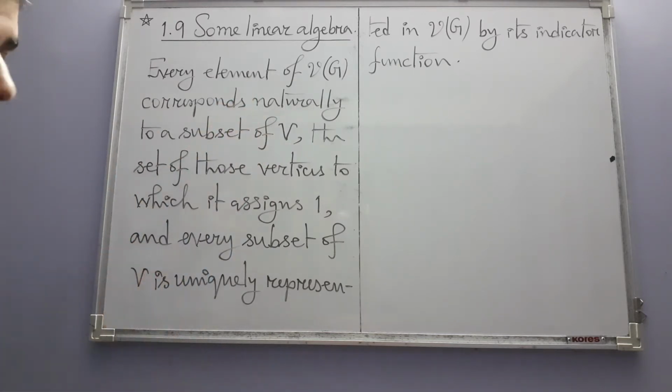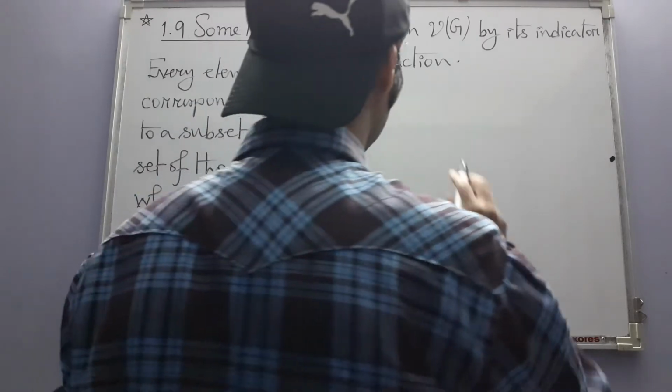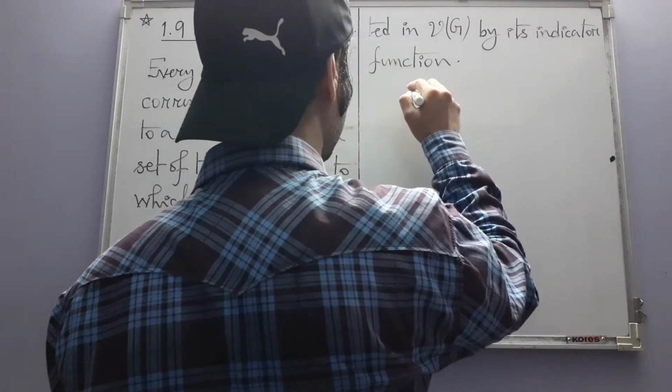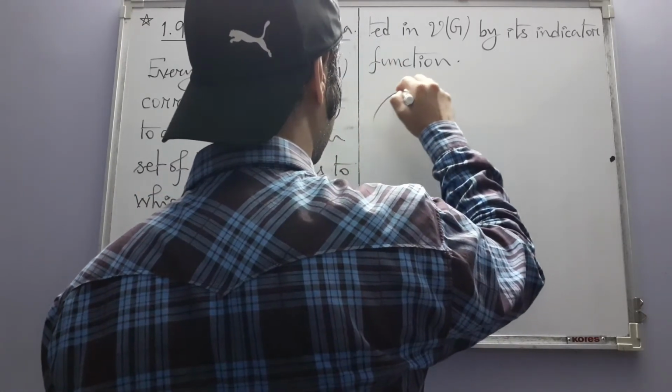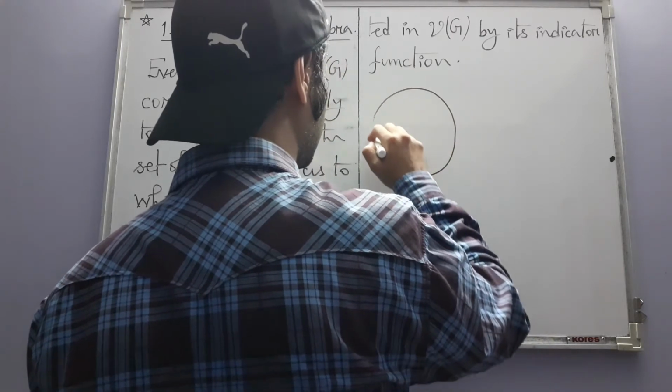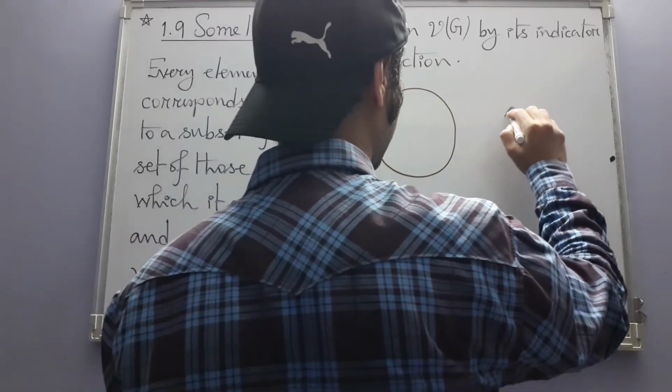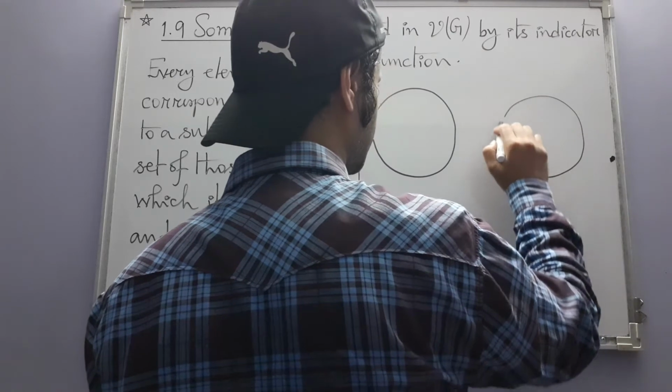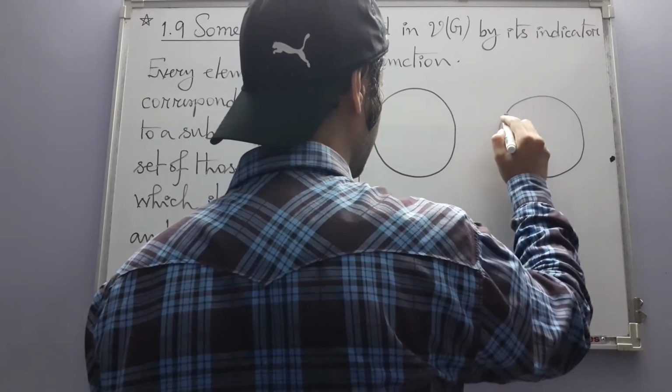Now what are these things? So let us try to understand this with a diagram. It's not necessary to draw a diagram, but every time you draw a diagram you can see all the things at once.